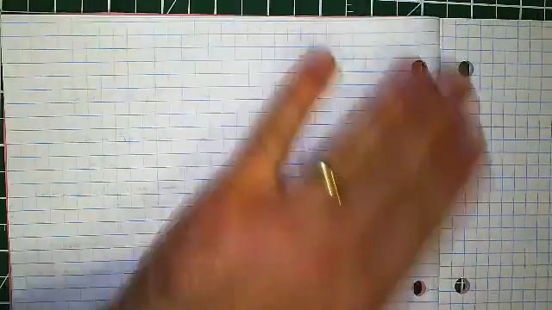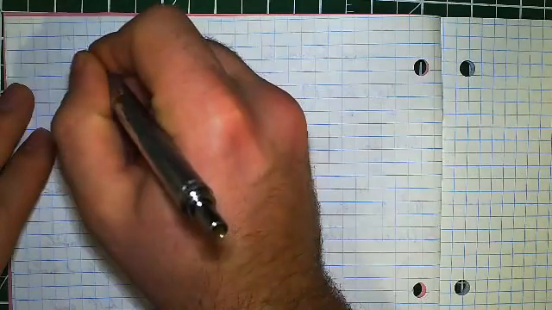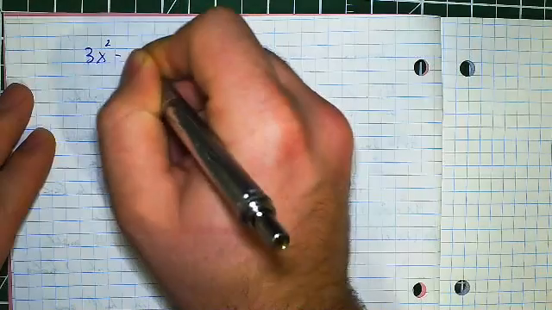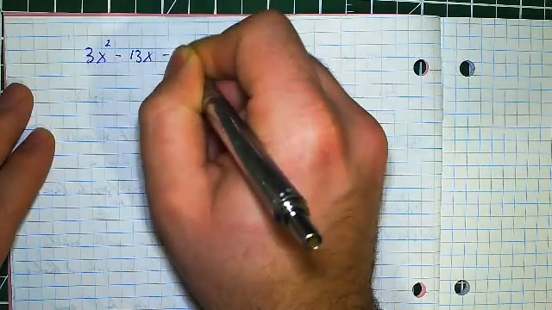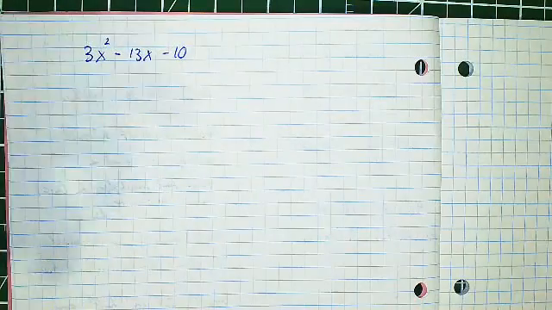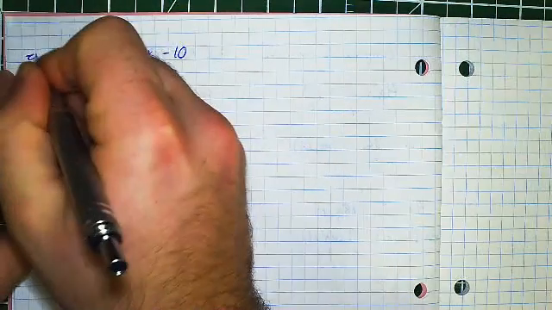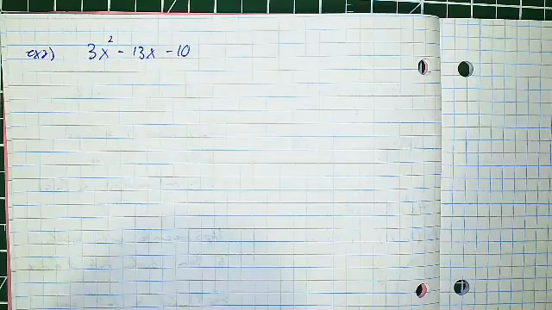Alright, so we'll give you the example of 3x squared minus 13x minus 10. Step one is to always try and simplify, and unfortunately we can't pull anything out of this.